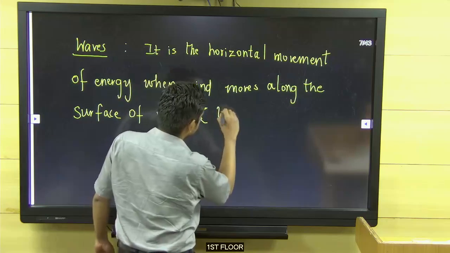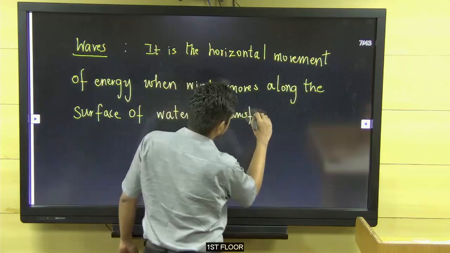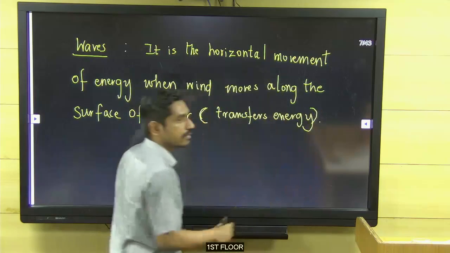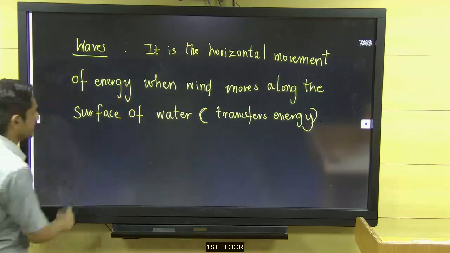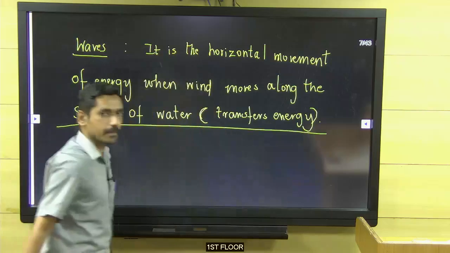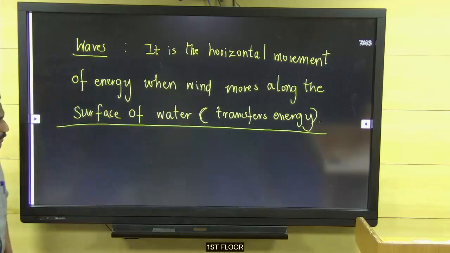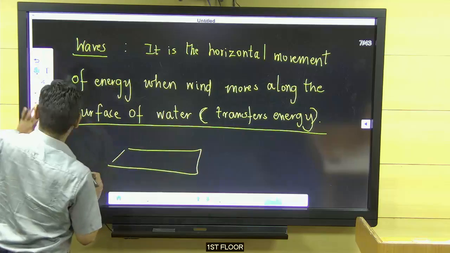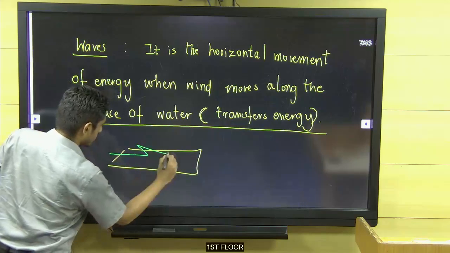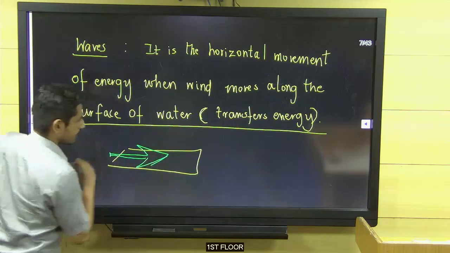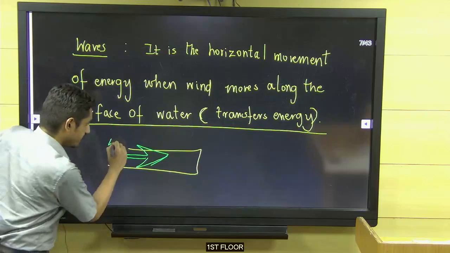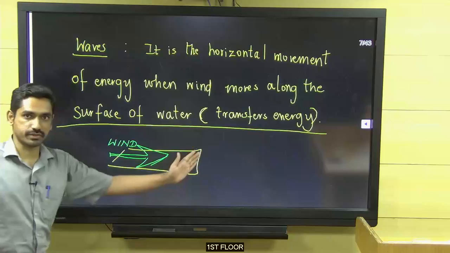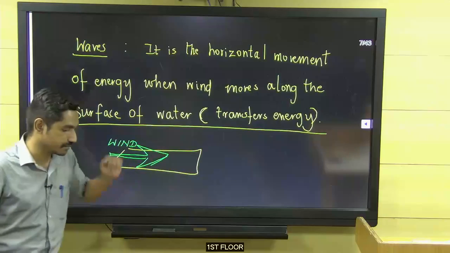Within brackets you just write transfers energy. Horizontal movement of energy when wind moves along the surface of water. So basically wind is responsible. You brush against the surface, you create waves, you create oscillations on the surface.